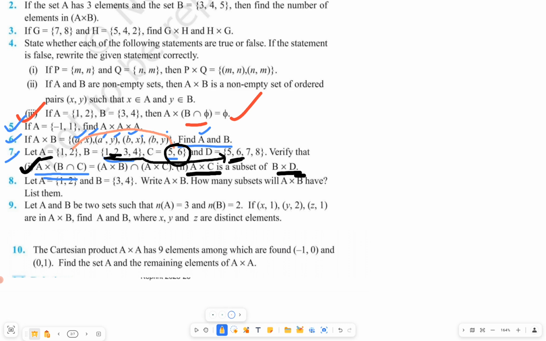Now number 8. Let A equal to {1, 2}, B equal to {3, 4}.